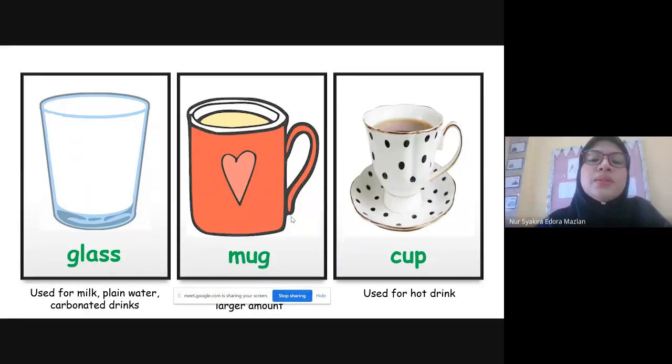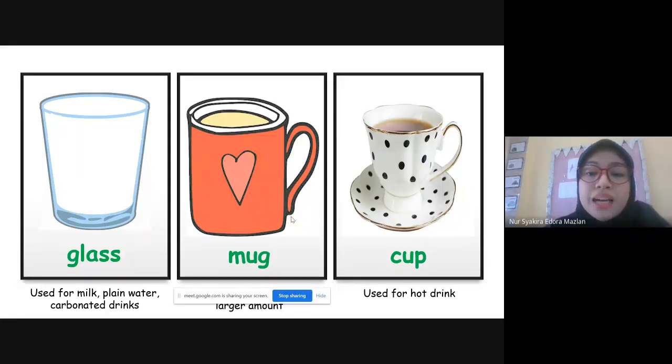As for this type of tableware, there might be a few confusions because it may look the same to you, but actually every type of tableware for drinks has its differences. For example, glass. Glass is used for milk, plain water, and carbonated drinks.